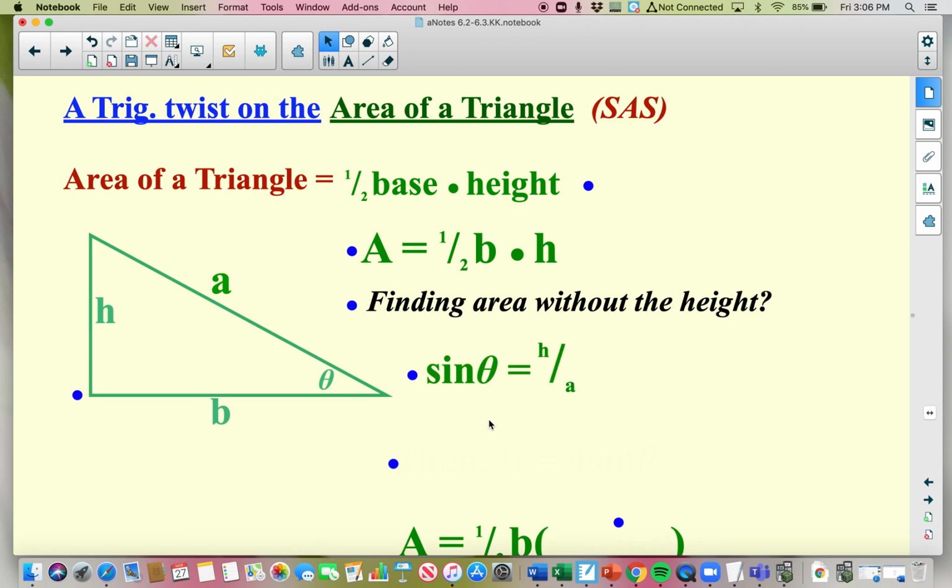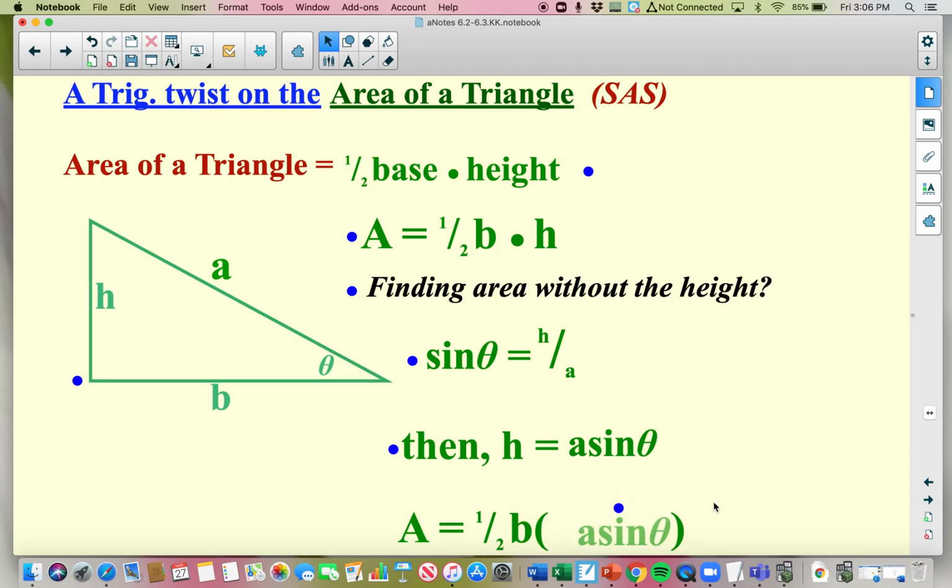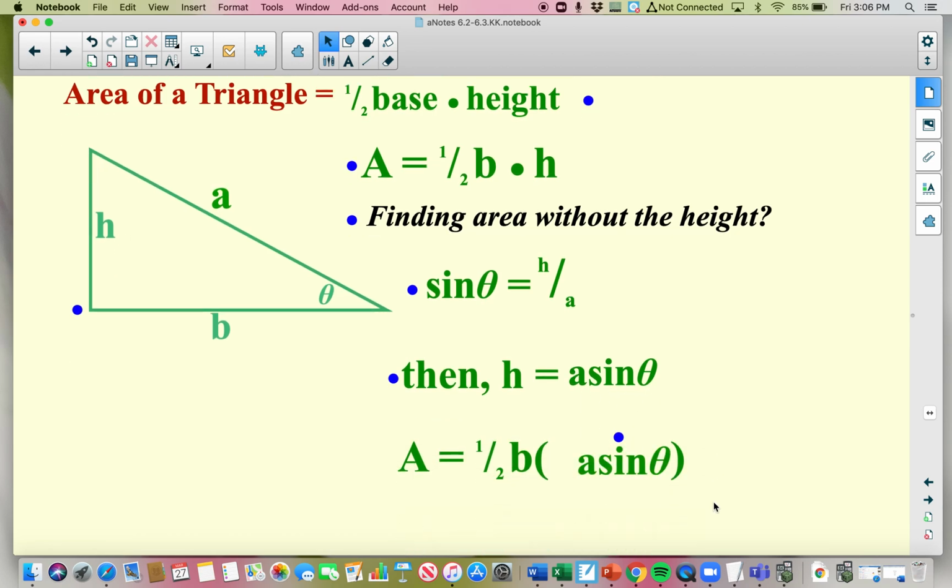And then if I multiply by the a over here, so a times sine of theta equals h. Now, if I go back up to my area formula, 1/2 base times height, but if I didn't actually know height, I could rewrite my height as this expression. And my new area of a triangle formula is 1/2 base times a times sine of theta.